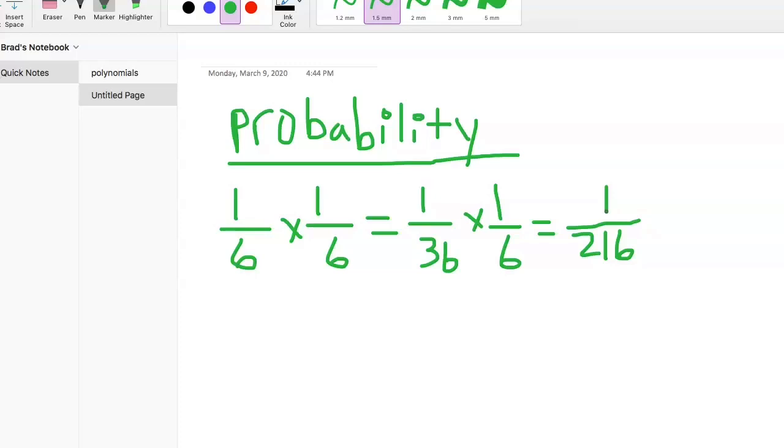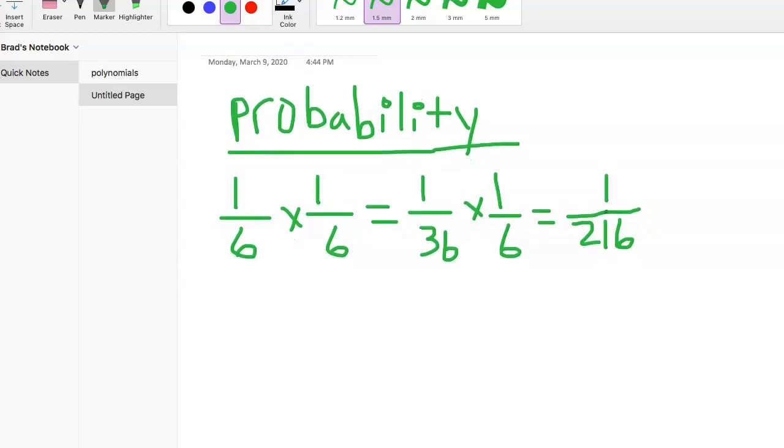Okay. Next we have cards. With cards you've got to know a couple of basics, like playing a regular card game. In a deck of cards there are 52 cards. You have 4 suits, like diamonds is a suit, spades is a suit.